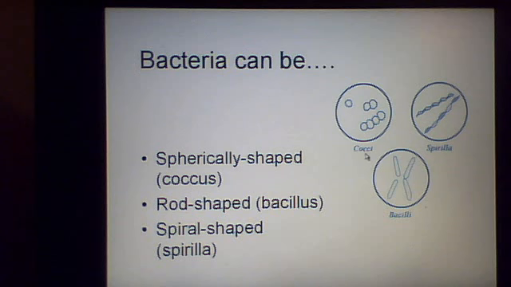Normally that type of bacteria will end in the suffix cocci. Rod-shaped bacteria will end in bacilli, and then the spiral shape would end in spirilla.